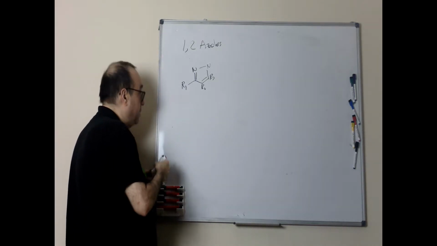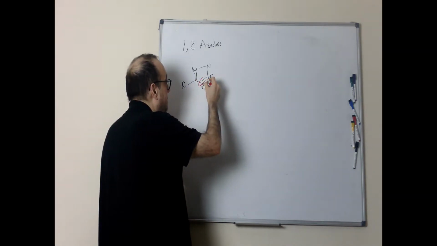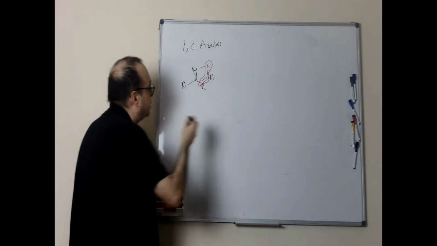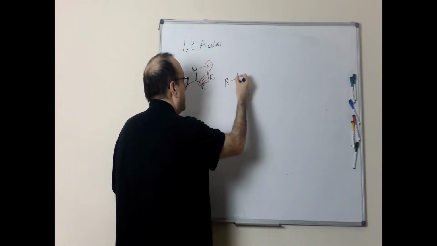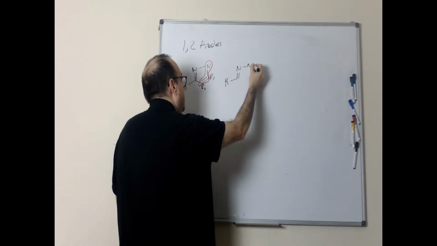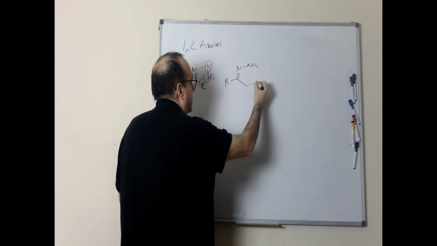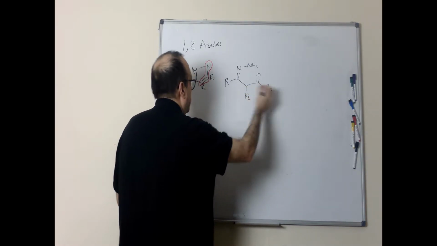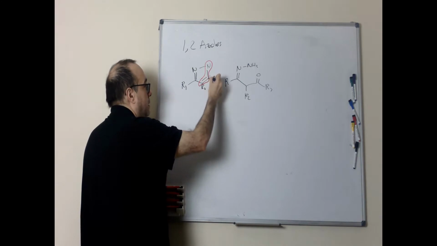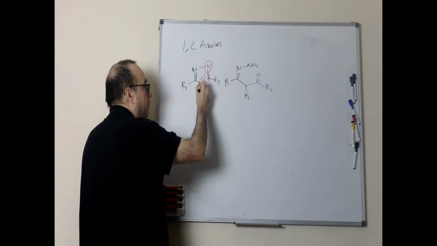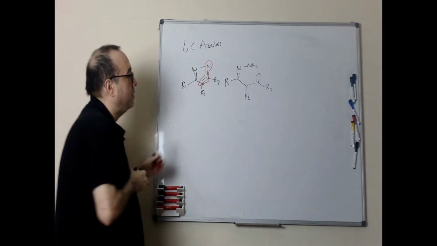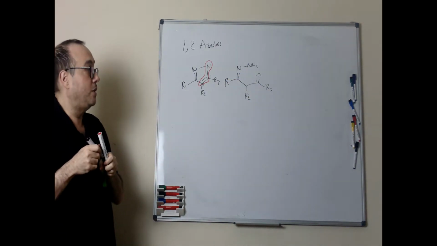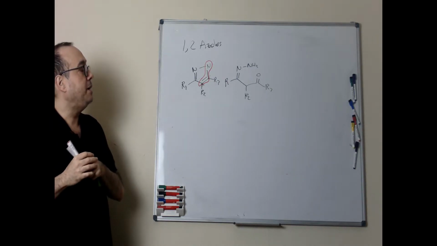What we can do is break. This is an enamine, okay? And we know that the enamine is coming from the reaction of an amine plus a ketone or an aldehyde.